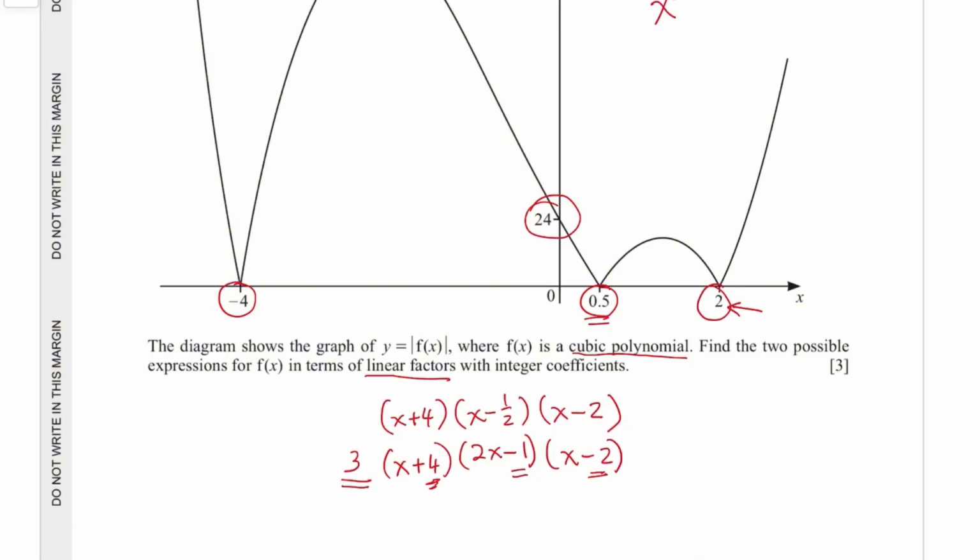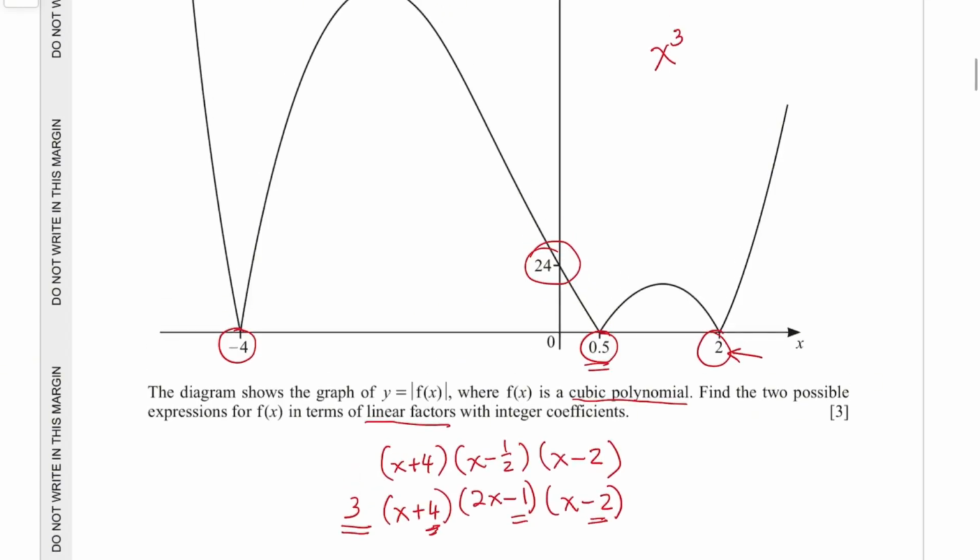Now since this is modulus, we have a possibility that your graph actually is shaped like this. From the bottom it goes up all the way, and then it goes like that towards the end.